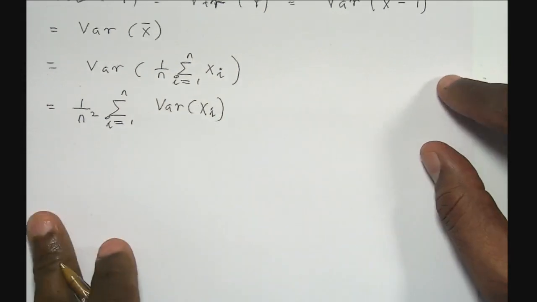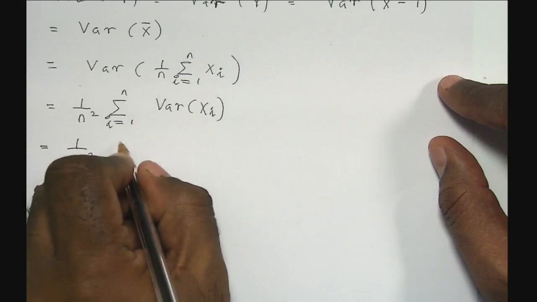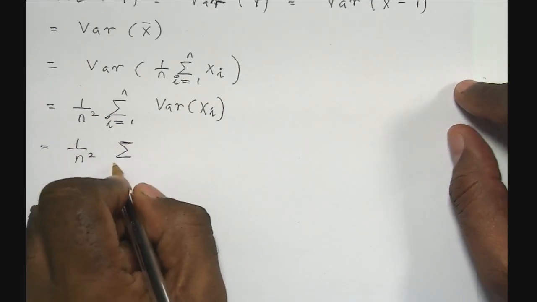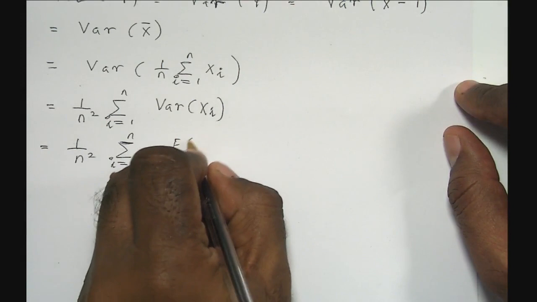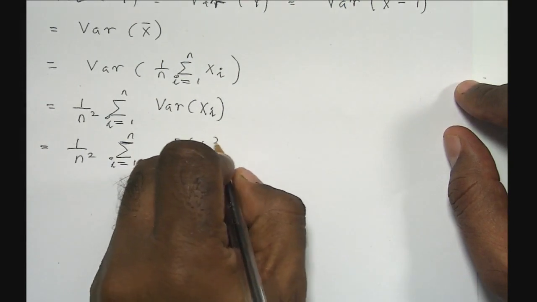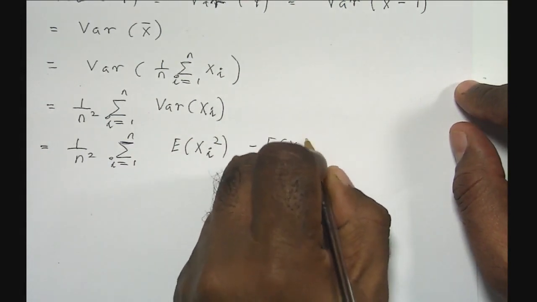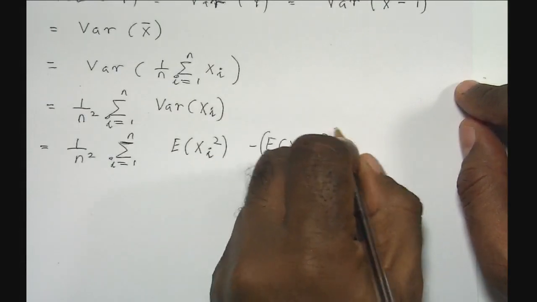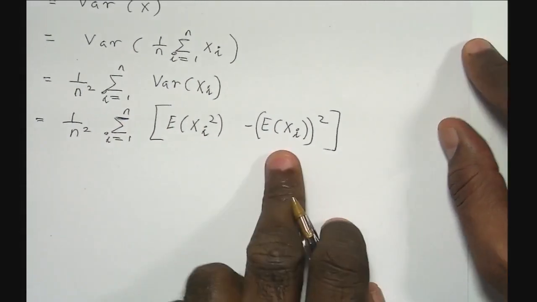Okay, guys, now to find the variance of xi, I'm going to use the traditional formula. I'm sure you know, it's the expectation of xi squared minus the square of the expectation.